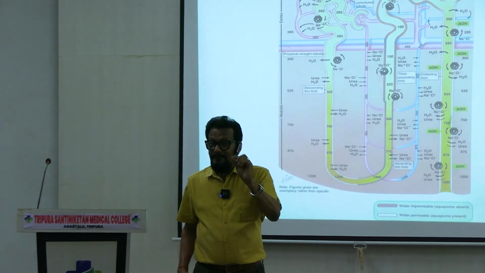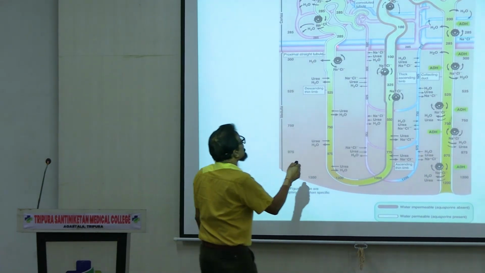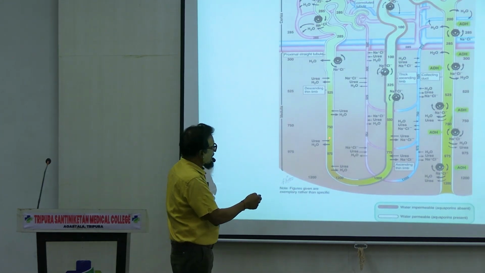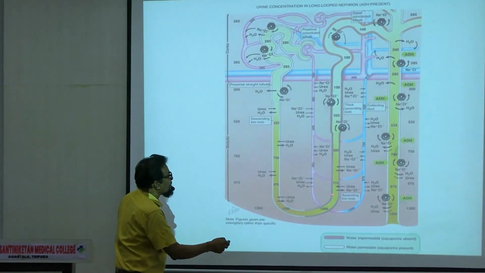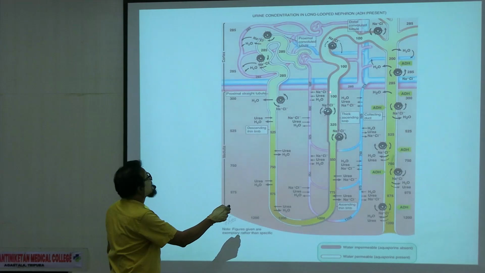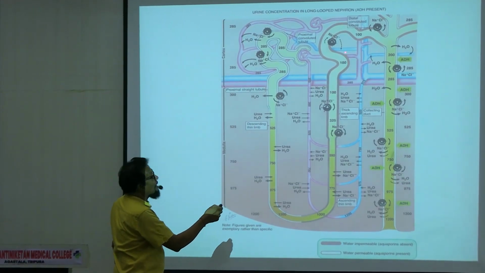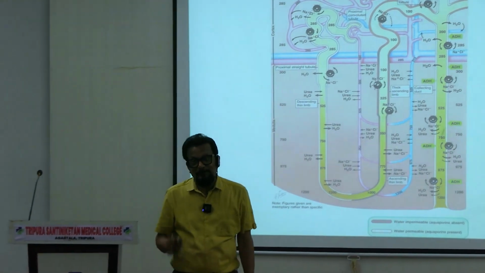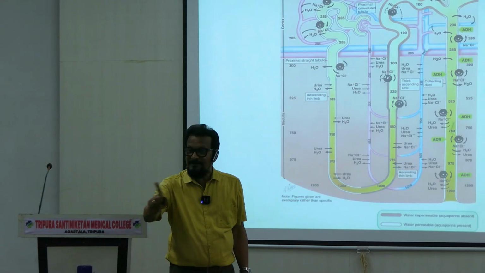But as soon as it enters the medulla, its osmolarity gradually increases. Here it is maximum. Again, when the fluid goes out, the osmolarity gradually decreases, and it becomes hyposmotic, 100.